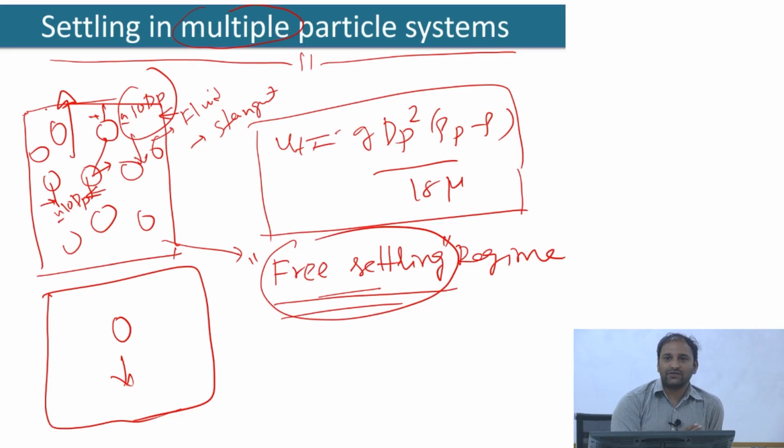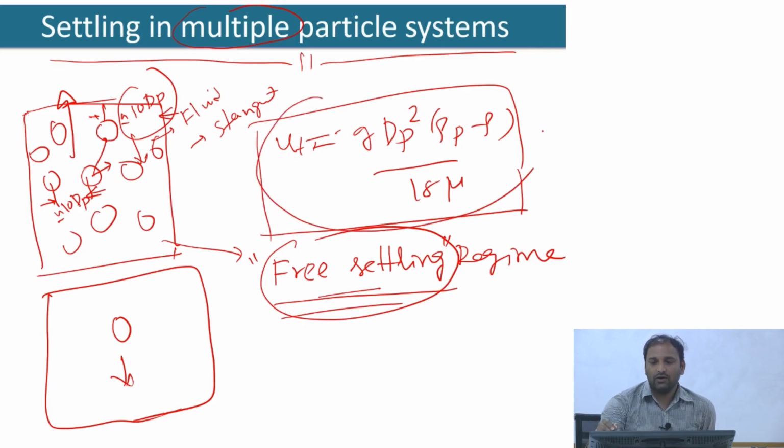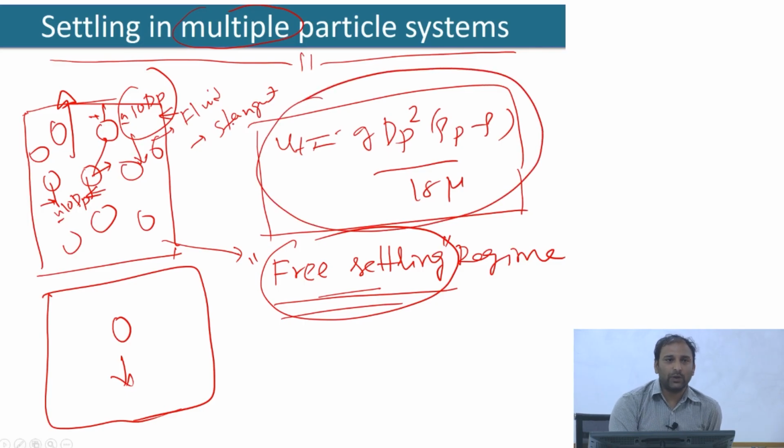The drag for a single particle doesn't apply anymore, because the fluid around the particle is also in motion. Therefore, you would have to think about modifying the formalism that we had for the single particle case for use with a multiple particle system.